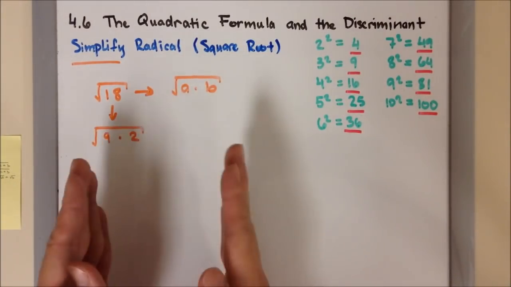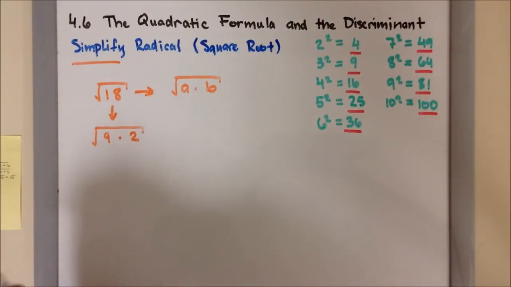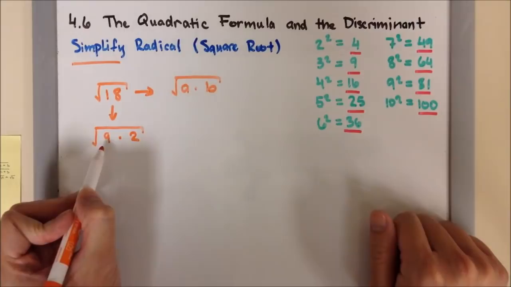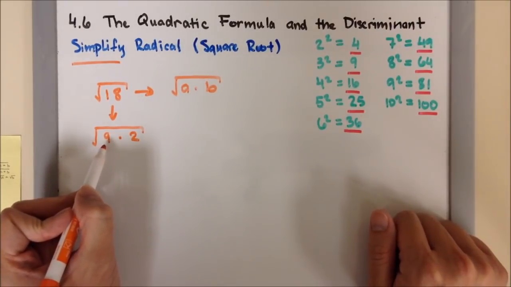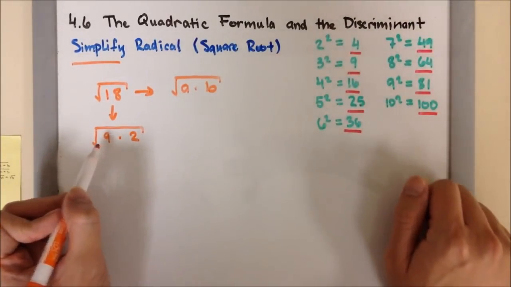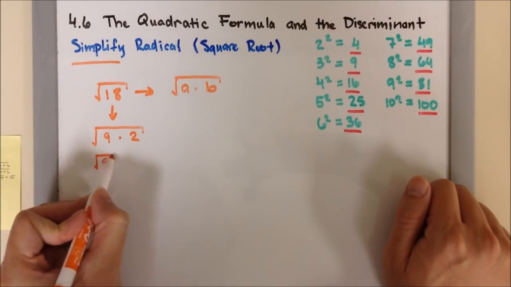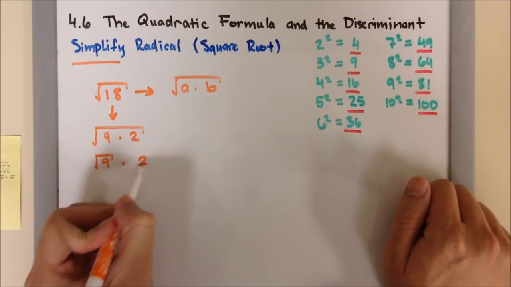So now I'm going to split the square root into two. In the event where you're able to split into two numbers where one of them is a perfect square, I'm going to rewrite it as the square root of 9 times the square root of 2.